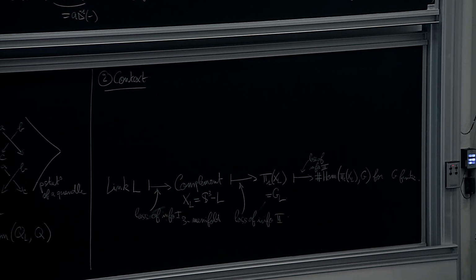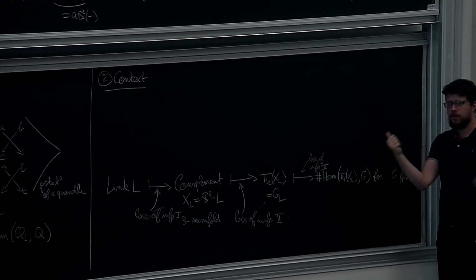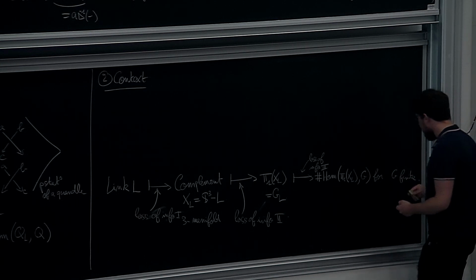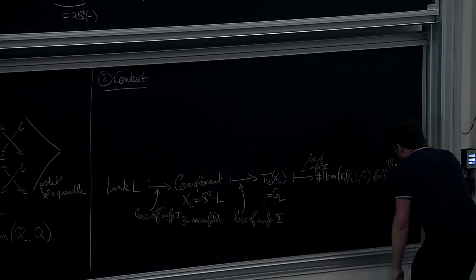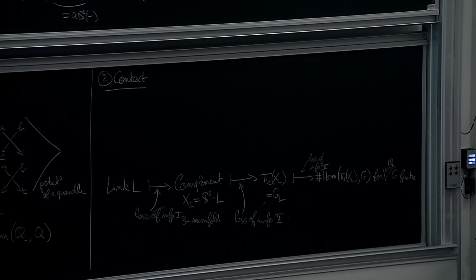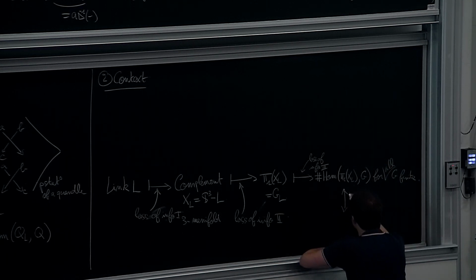And actually, if you take only one invariant, of course, you're losing a lot of information. One number is clearly not enough. But if you consider this for all finite G's, then you get exactly the same information as in the profinite completion of your group.